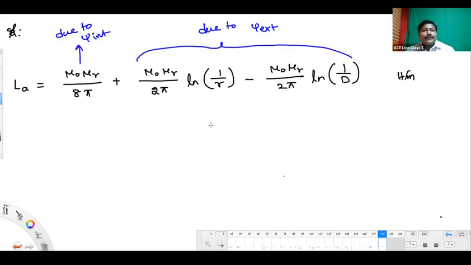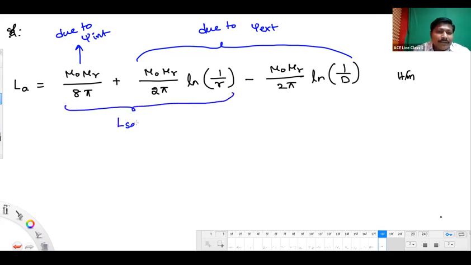But you have only R here, so how do we get 0.7788? We have to add the first term to the second term. After adding these two, we get R dash, and this whole term is known as self-inductance. The next term depends only on the distance between the conductors, and it is called mutual inductance.